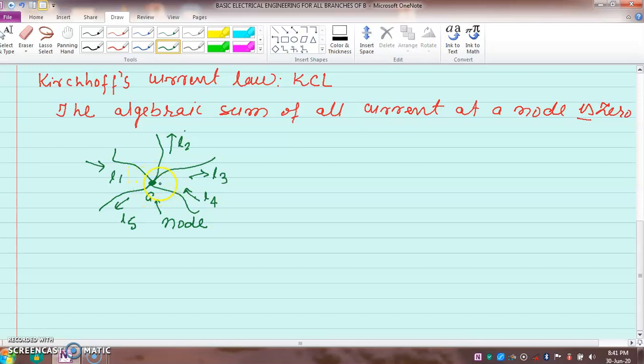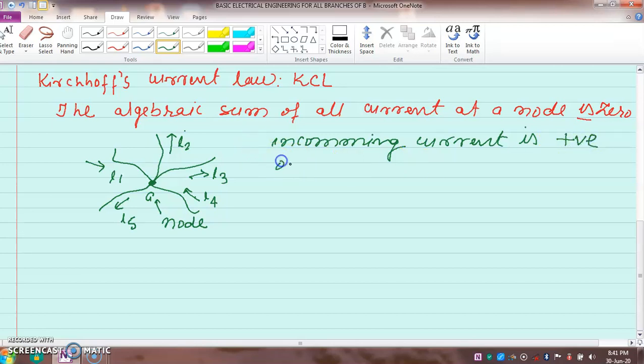So this point is called a node. So at this node, sign convention is very important. You keep in mind, incoming current is taken as positive.